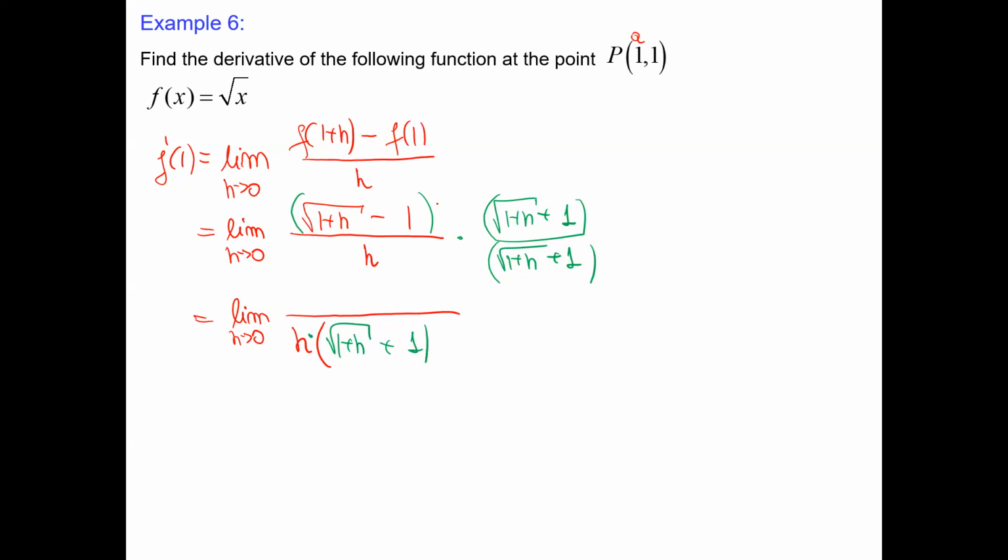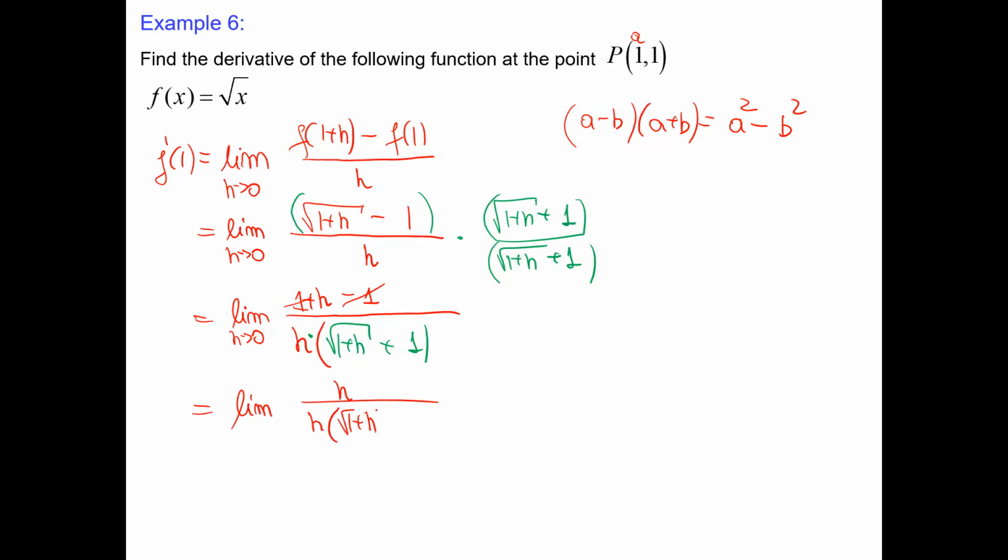When I distribute the numerator, it's a conjugate, a minus b times a plus b. Multiplying this quickly, we square the first quantity, square the second, and subtract. Squaring the square root gives 1 plus h. Squaring 1 is 1. Only h stays. Perfect, that's what we're looking for.